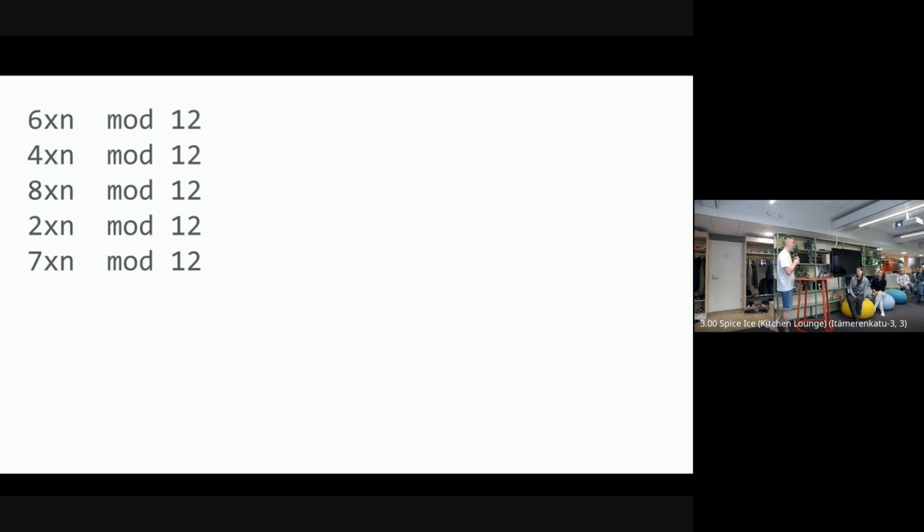Who knows why? Almost. It's almost there. It's prime, yes. It's a coprime, right? It's also prime, yes, I agree.